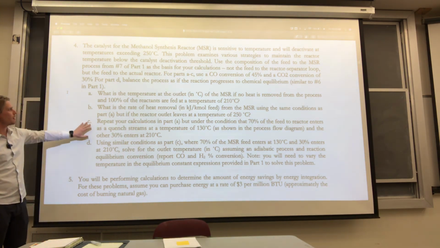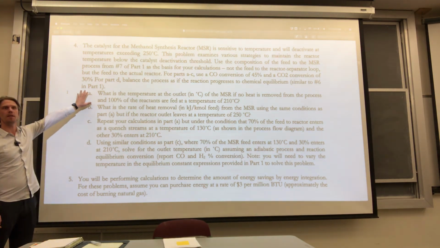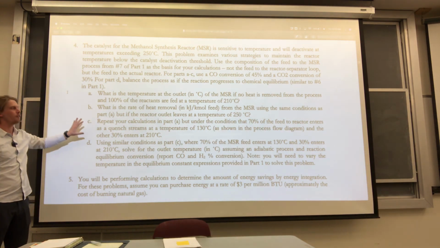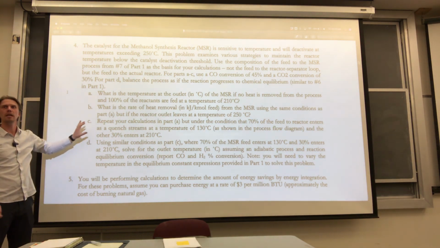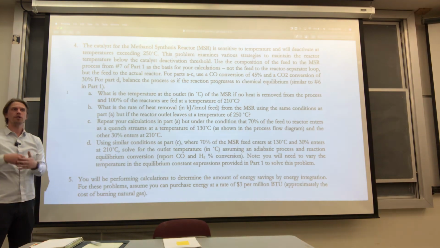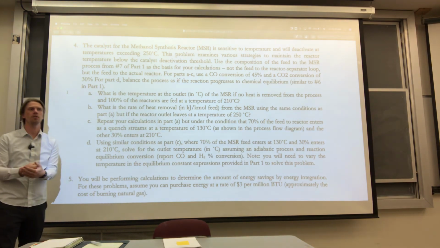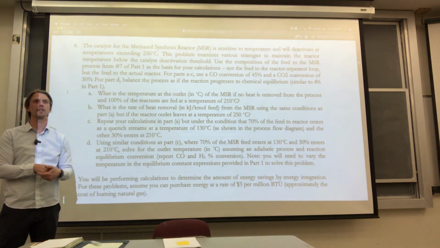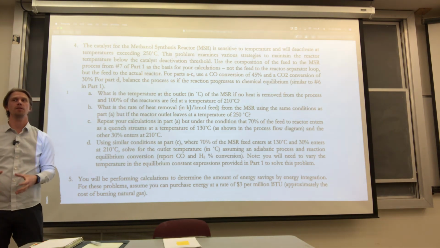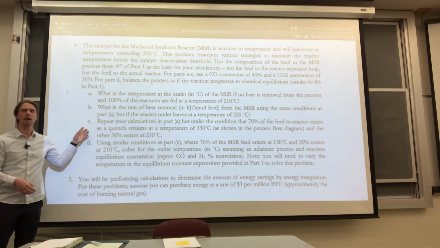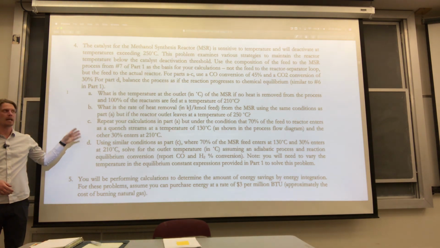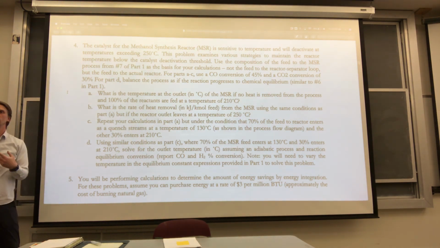So repeat your calculations in A, saying if I run this as an adiabatic reactor, but I feed some of the stuff at a lower temperature called a quench stream, right? So you inject the chemicals at different positions in order to cool down the reactants and hopefully not deactivate your catalyst, then what is your outlet condition going to be? Again, you can use the same sheet, but you just have to split your feed stream into 30% at one enthalpy, 70% at a different inlet enthalpy. Okay?